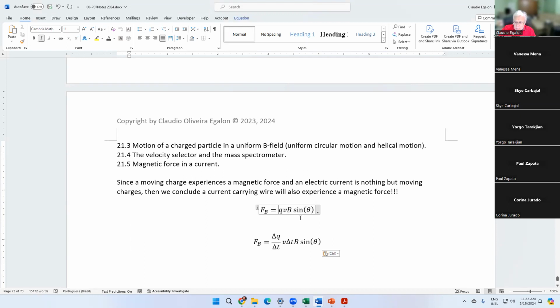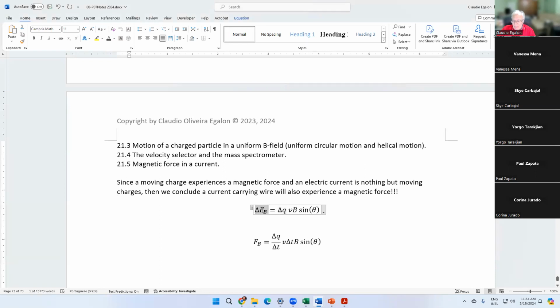Let's do it this way. We put a delta F_B here, and here we put a delta t, and a delta Q here as well. So let's say we have a magnetic force on an infinitely small amount of charge.